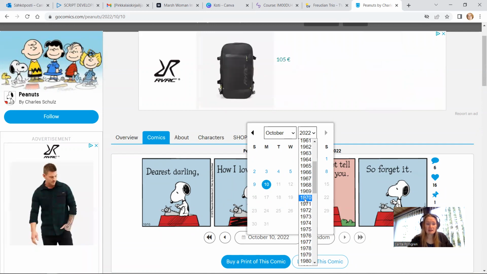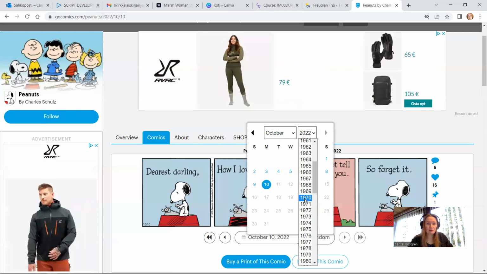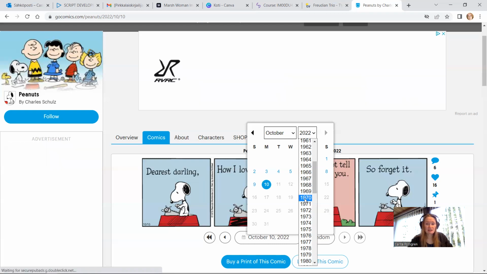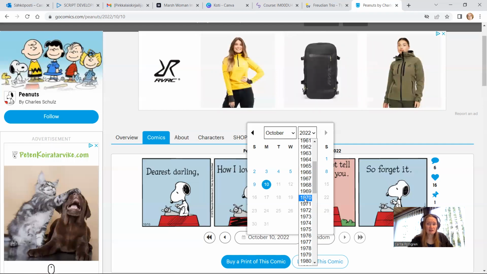Interestingly, it became more interesting in the 1970s than it had been in the 1960s. And the strip also reflected its creator's own life in many ways.